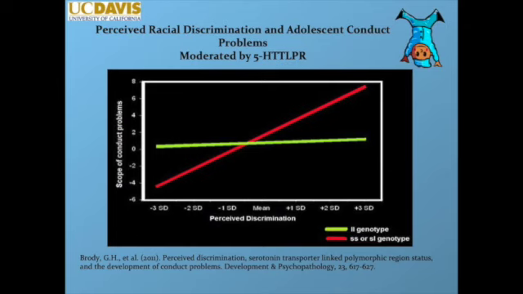When there's a lot of racial discrimination, there's a lot of conduct disorder. I'm looking at the red line here on the right side. When there's little perceived racial discrimination, they have the least problems. I'm looking at the red line on the left side. But if you don't carry those genetic variants, but alternative ones, perceived racial discrimination has no effect.